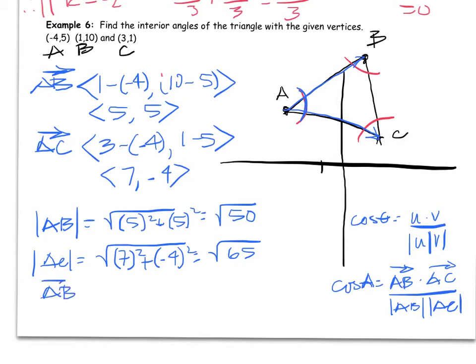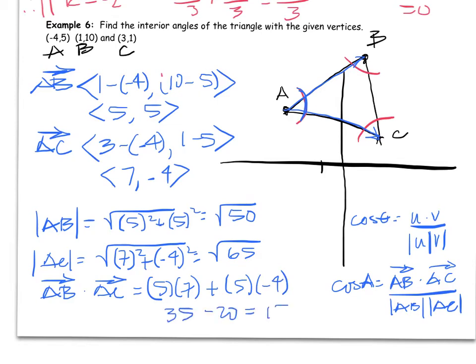Let's see, AB times AC. I'm going to take 5 times 7 plus 5 times negative 4, and that's going to be 35 minus 20, which equals 15.